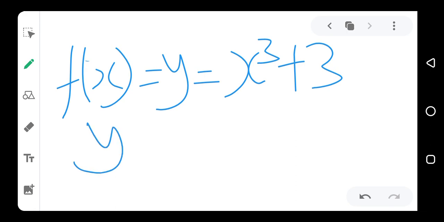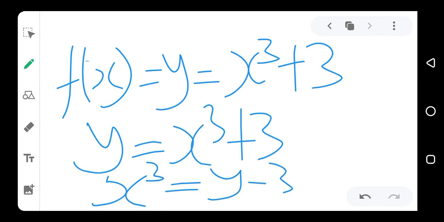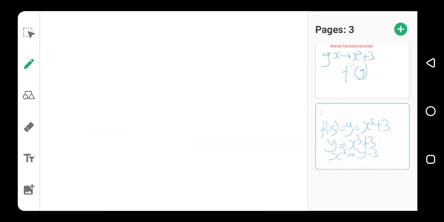From y equal to x raised to the power 3 plus 3, we can say that x raised to the power 3 is equal to y minus 3. Remember, we are looking for x, not x raised to the power 3. What we have there is x raised to the power 3. So we clear the cube roots.